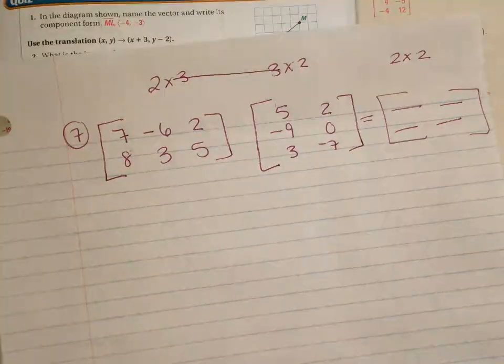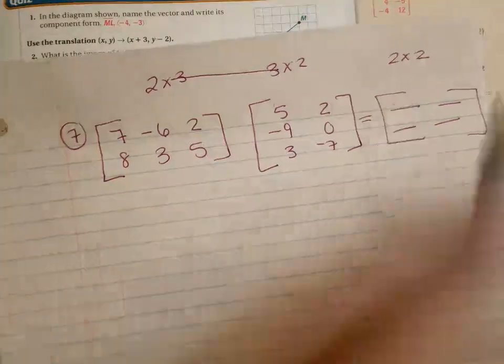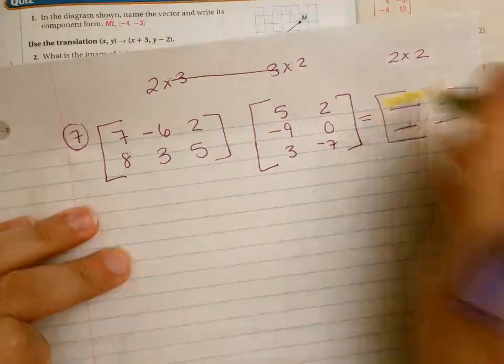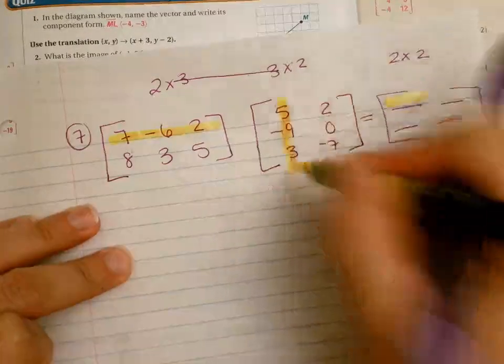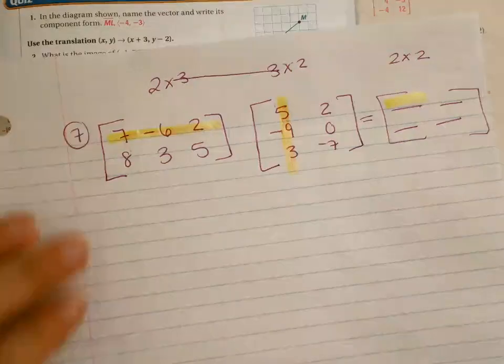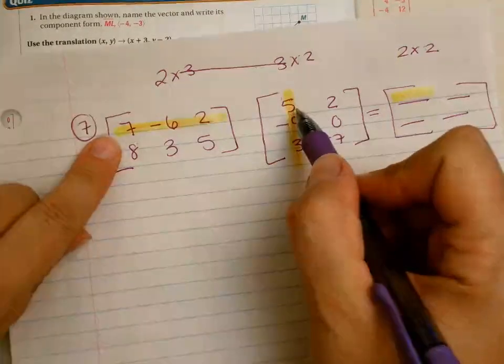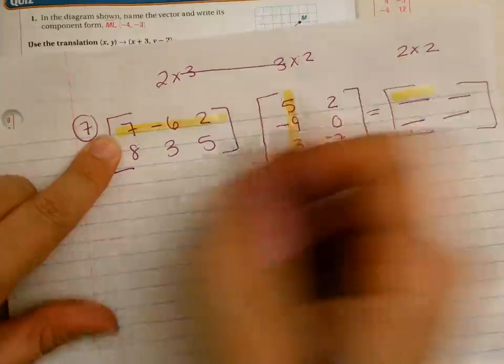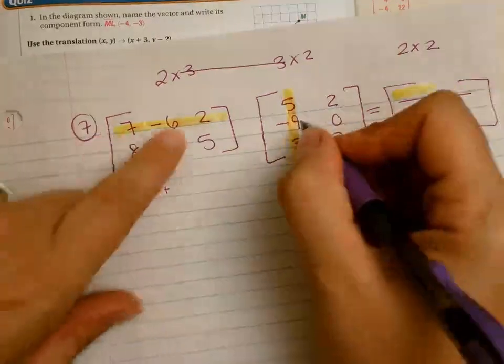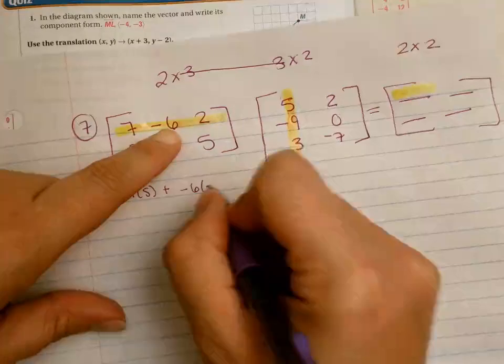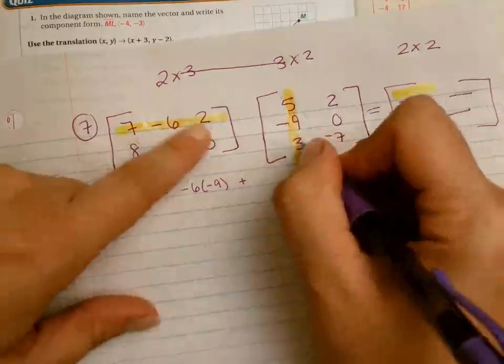All right, so pay really close attention while we do this. This answer right here is row 1, column 1. So I'm using row 1 with column 1. 7 times 5 is 35. Plus negative 6 times negative 9, plus 2 times 3.